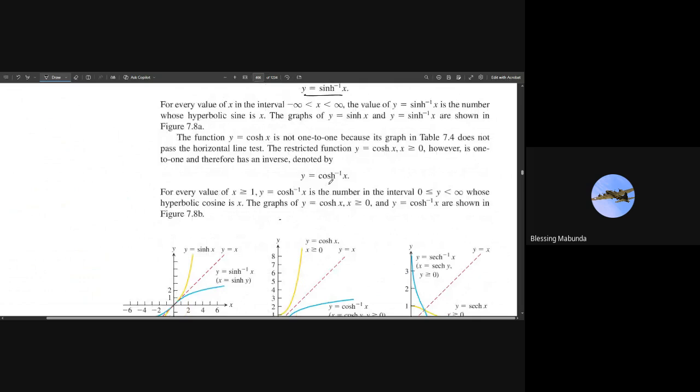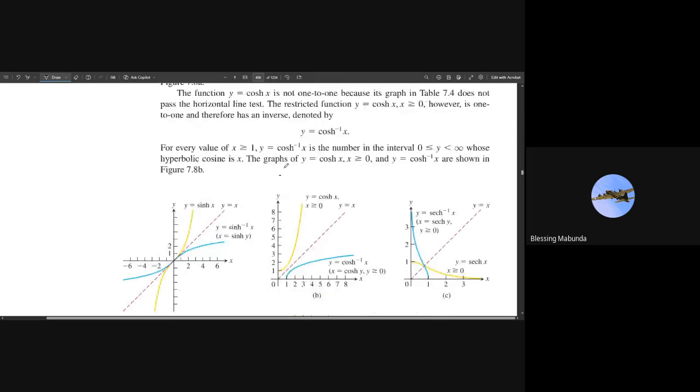For every value of x in the interval from minus infinity to positive infinity, the value of y equal to sinh inverse x is the number whose hyperbolic sine is x. Right, and we have the graphs presented here.